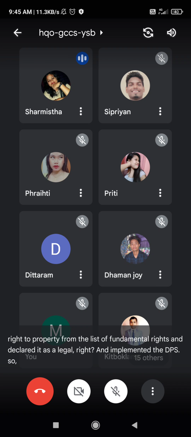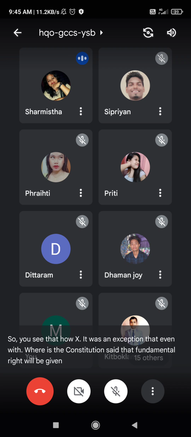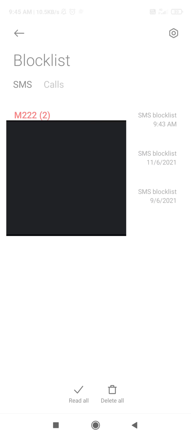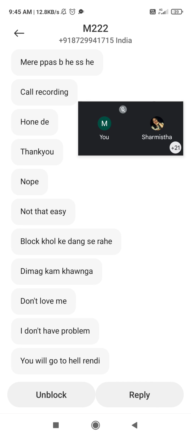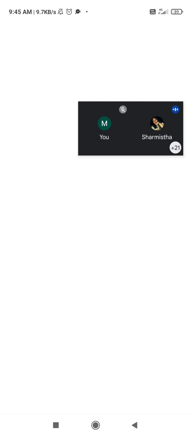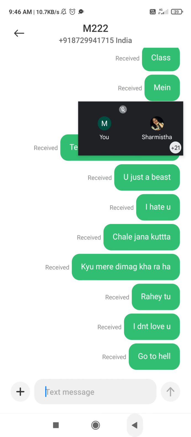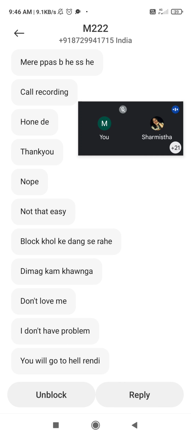So you see how it was an exception: whereas the Constitution said fundamental rights will be given preference in case of a conflict, here one fundamental right was deleted from the list to ensure that the DPSP is implemented. So that also can be a feature that you can mention. Okay, then comes the criticism against DPSP. What are the criticisms?